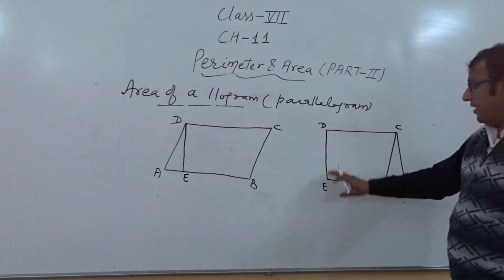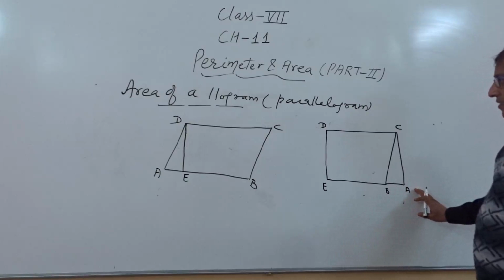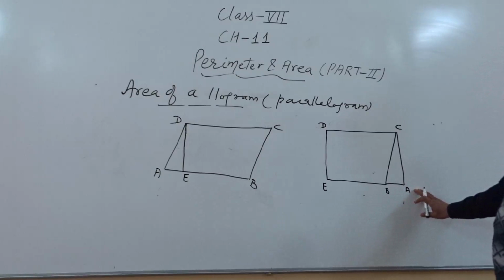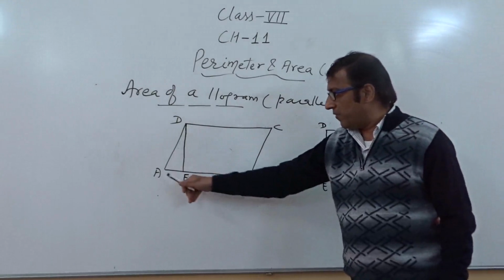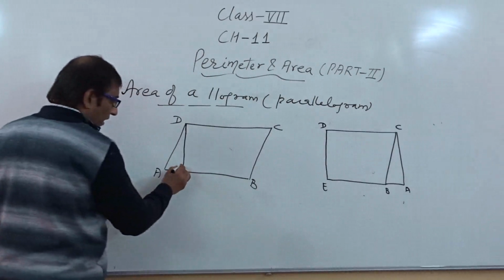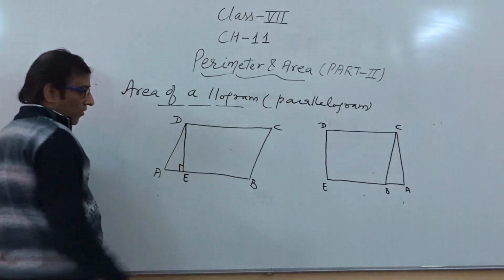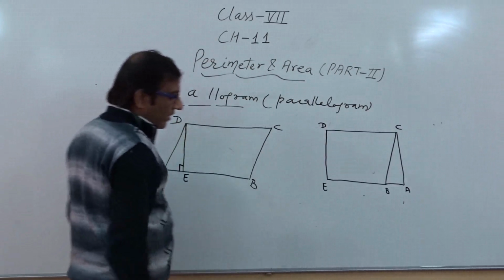Here ABCD is a parallelogram and AED is a triangle in which this angle is 90 degrees. If we shift this triangle from this side to the other side, it looks like this.